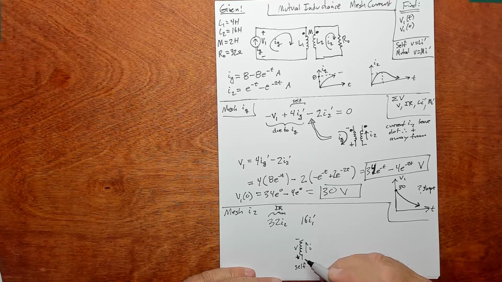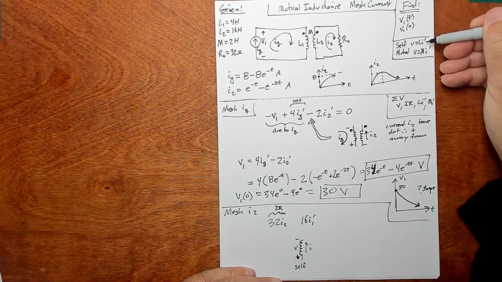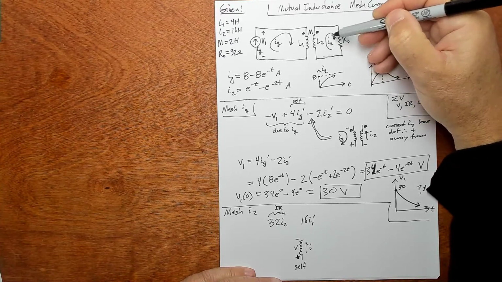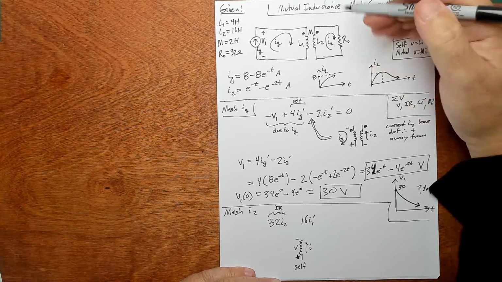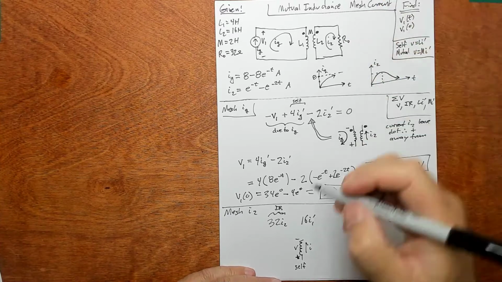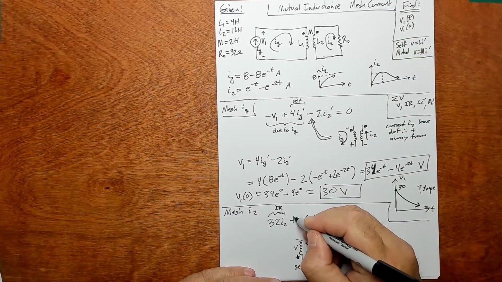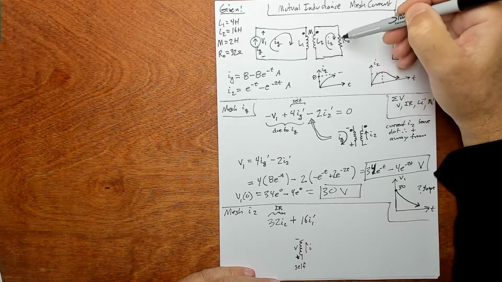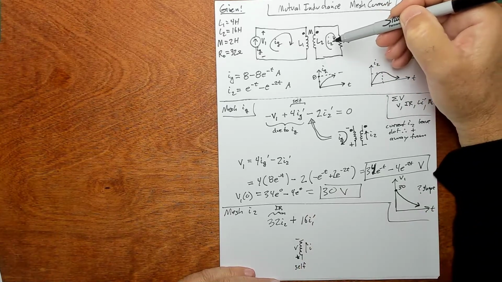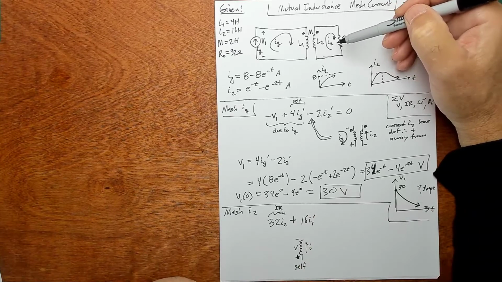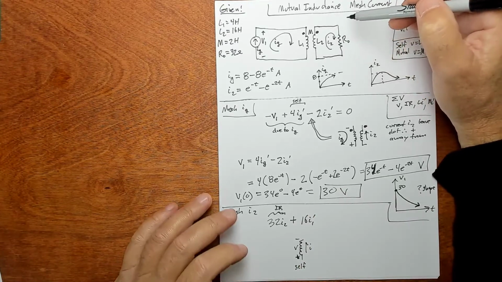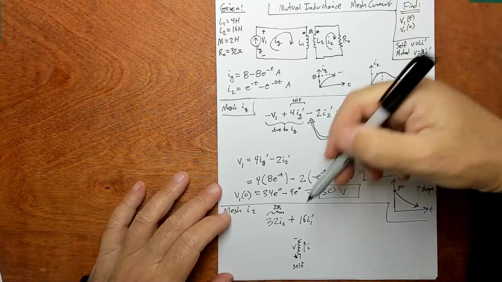That's how the self-inductance equation is defined, and that matches our loop direction. So it's like a resistance. It's always going to be positive, really. When you're writing a mesh current equation, it's positive for resistance because the resistance is fighting the current, and likewise it's positive for self-inductance because the self-induced voltage is fighting the current. So those are always positive.